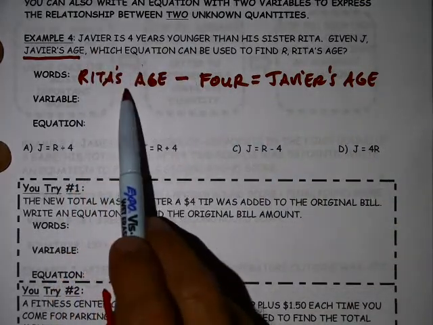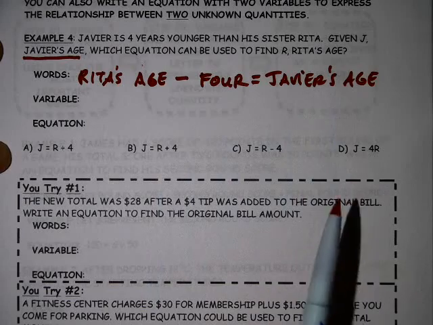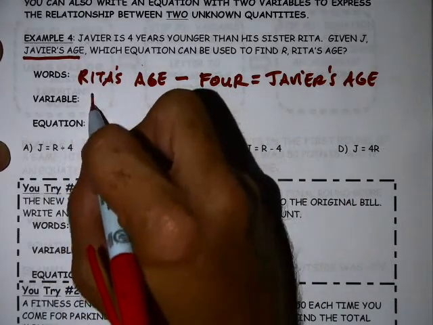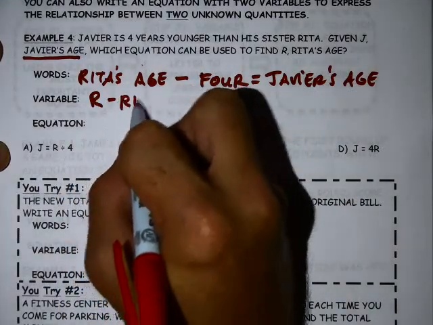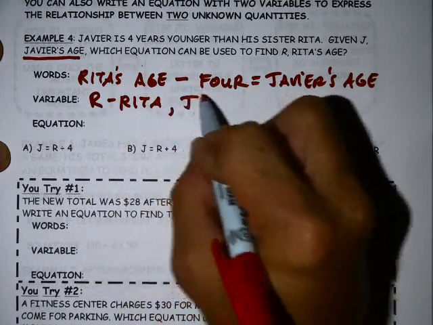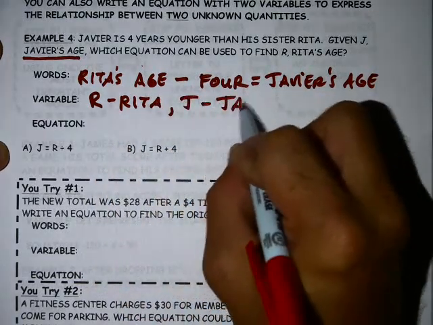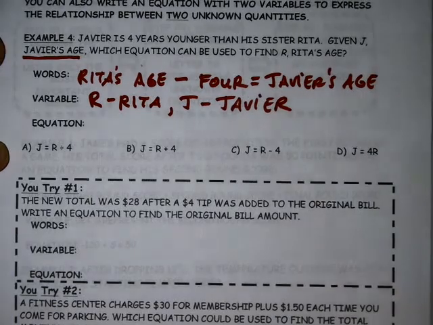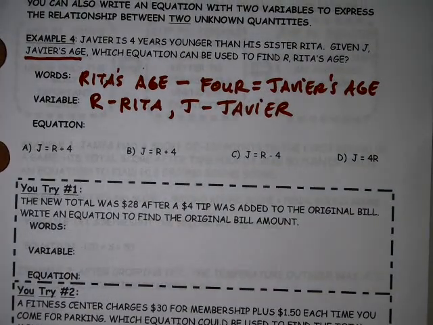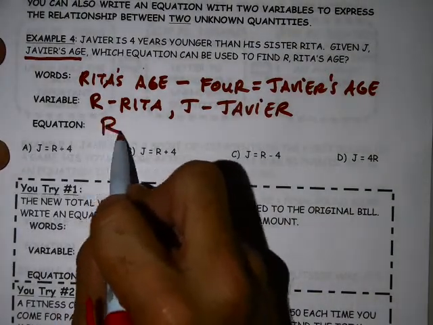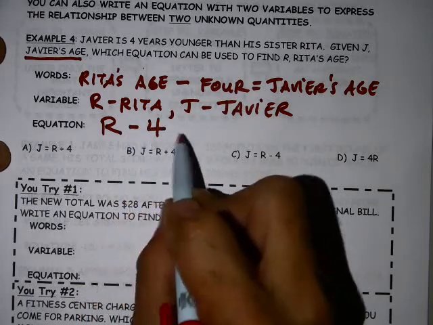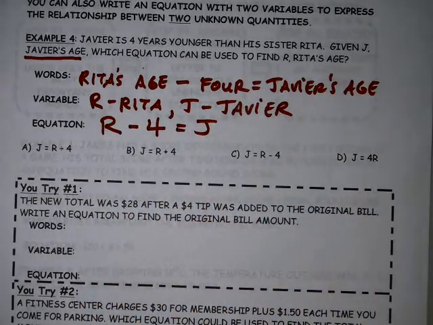So that means you have to take Rita's age and subtract from it to find Javier's. So now we're going to use the letter R for Rita and J for Javier. And now we're just going to fill those in the places they need to go. So Rita's age minus 4 is equal to Javier's age.